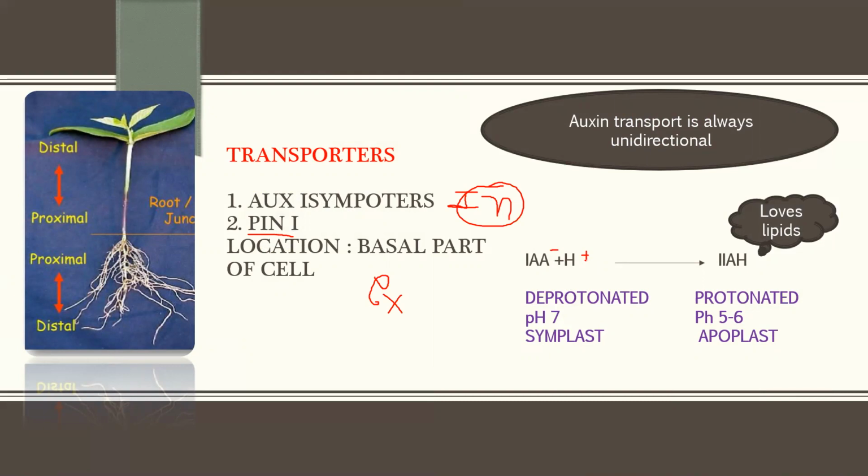And if auxin is in protonated form, then it is transported by the apoplastic pathway. And remember, the protonated form of auxin is lipophilic in nature, which means it loves lipid, so it can pass through the plasma membrane.